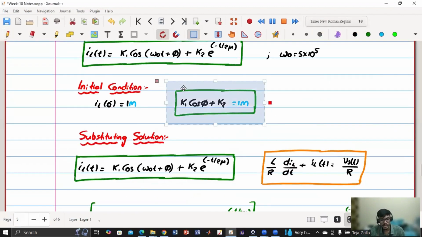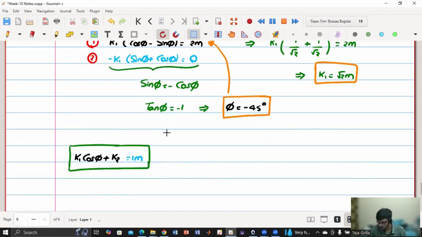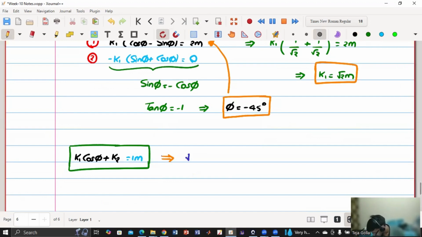K1 cos phi plus K2 is equal to 1 milli. So now let us substitute this. So if I solve this, I'll get K1 cos phi. So K1 is root 2 milli into cos phi is 1 by root 2, plus K2 equal to 1 milli.